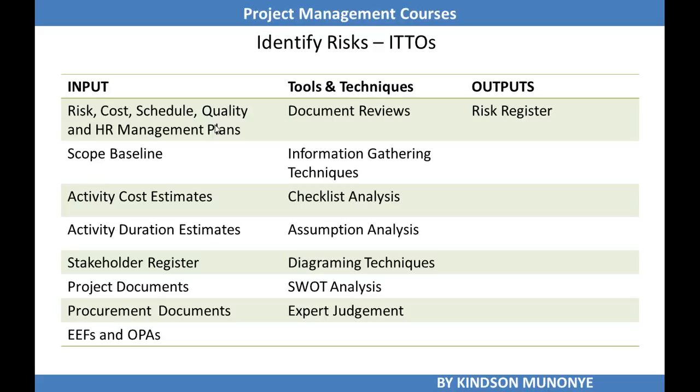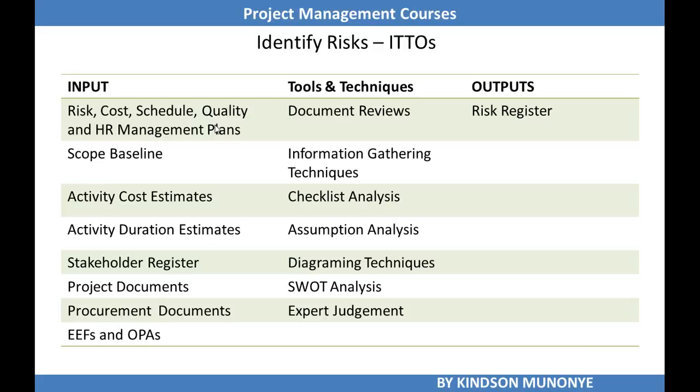Activity cost estimates. Activity cost estimate is an output of the estimate costs process under the project cost management knowledge area. Activity duration estimates. That is also an output of the estimate activity duration process under the project time management knowledge area.